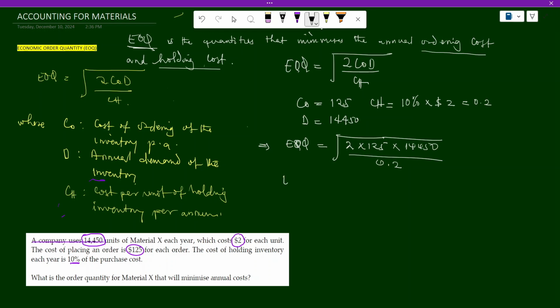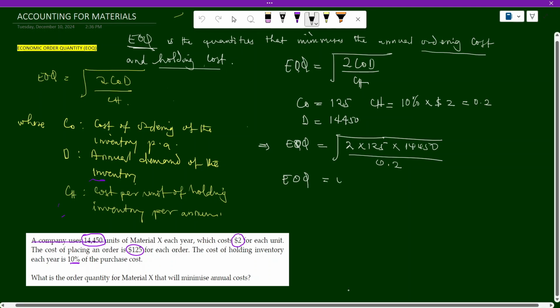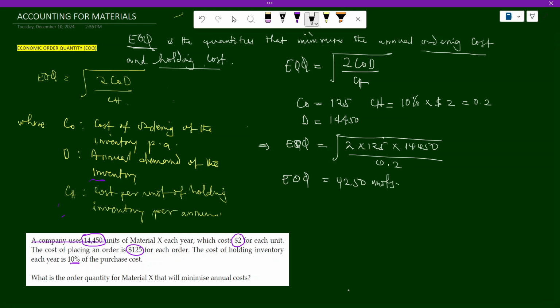Okay, so the economic order quantity is 4,250 units. Okay, so that is the economic order quantity.